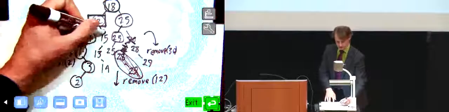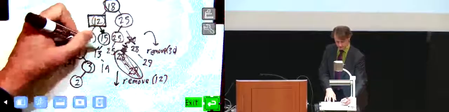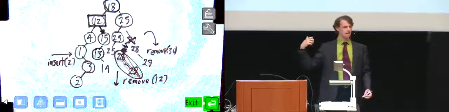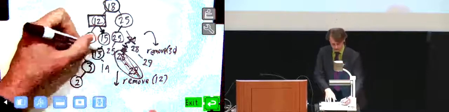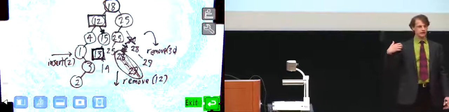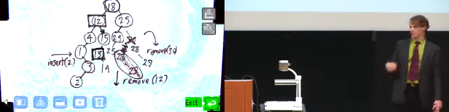So remember, that's the minimum algorithm. The idea is you start at the 15, and then you keep going left until you can't go left anymore. So you go left to the 13. The 13 does not have a left child, so that 13 is the smallest key that's in the right subtree of 12.